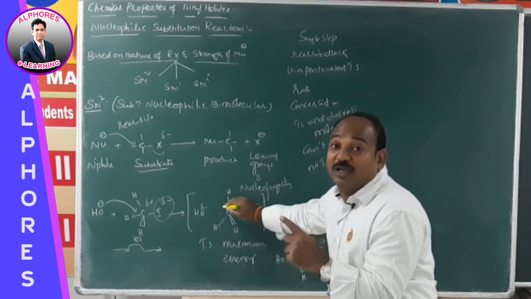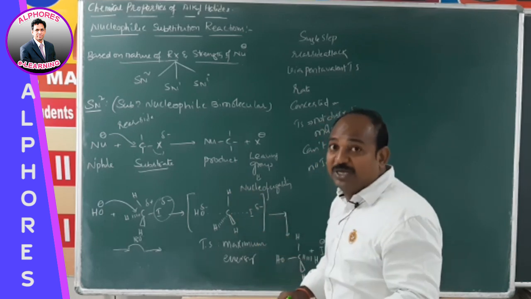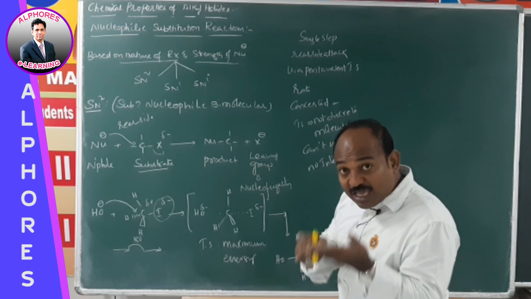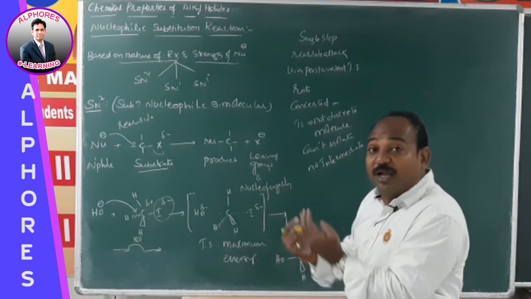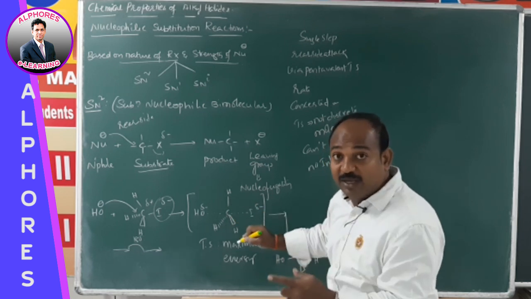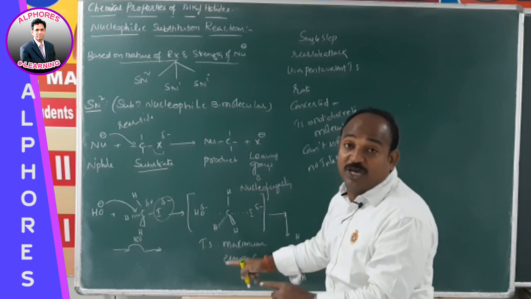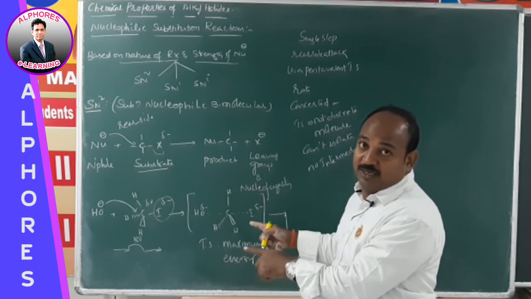But to compensate or neutralize, the same extent of negative charge is transferred from OH minus to carbon. That's why this carbon does not possess any positive charge or carbocation character.